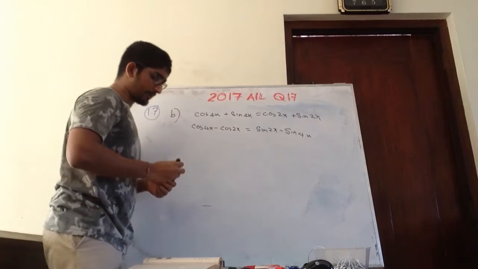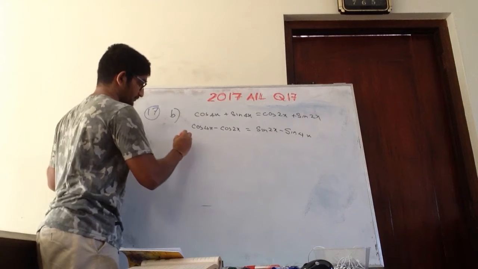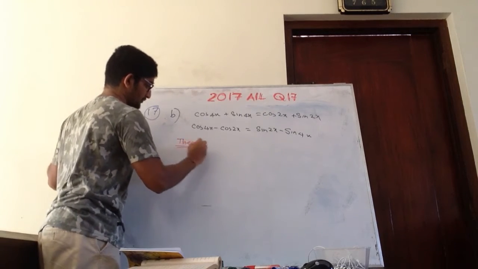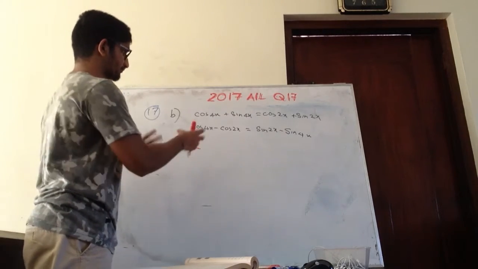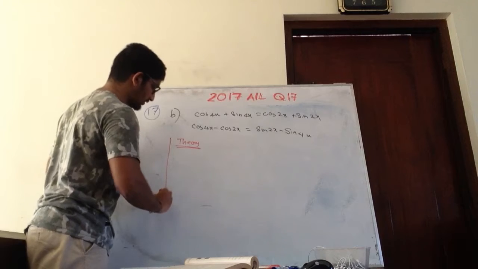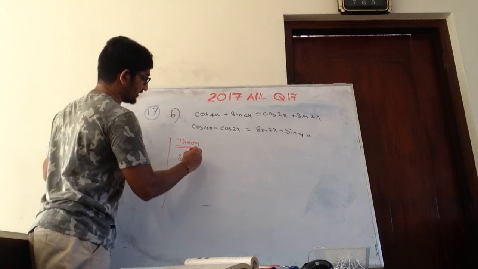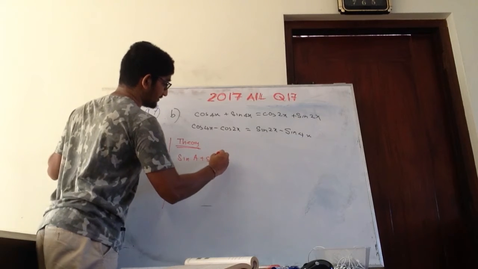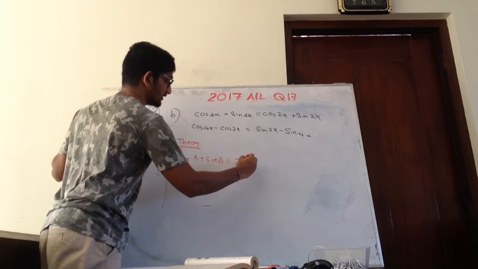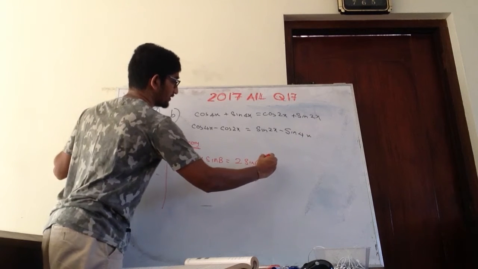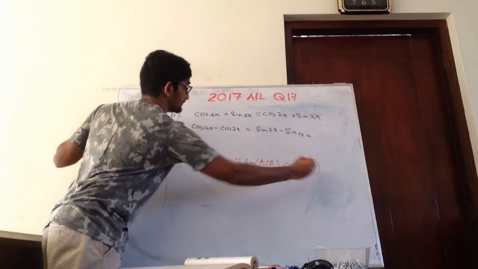So now I'll remind you about some of the theories that we need here, right? I will tell you the whole set of these. So if there is something like sin A plus sin B, we can write this as 2 sin (A plus B) over 2 cos (A minus B) over 2.